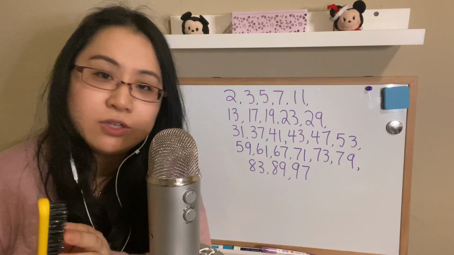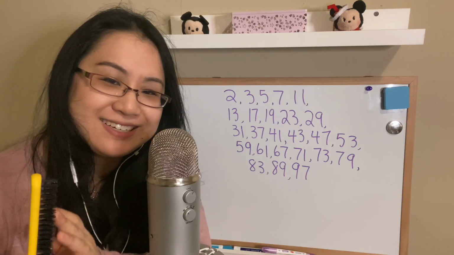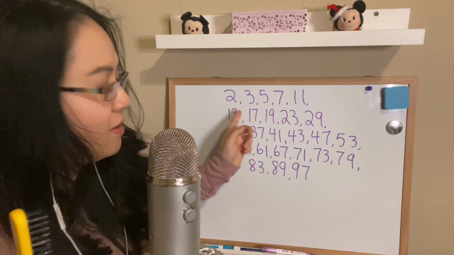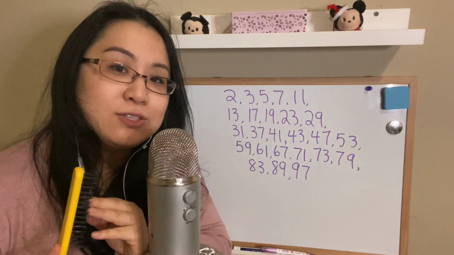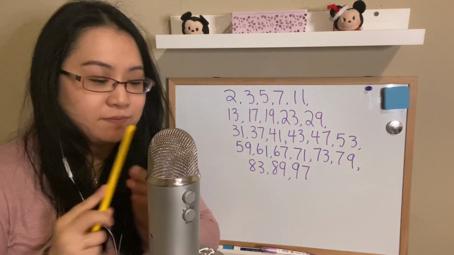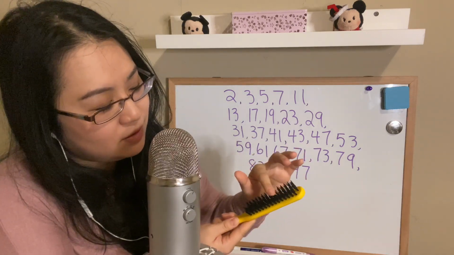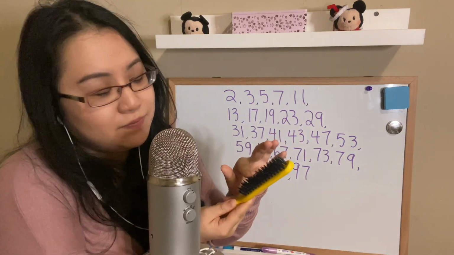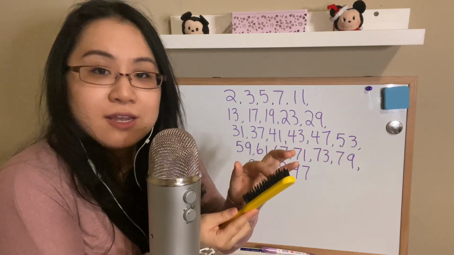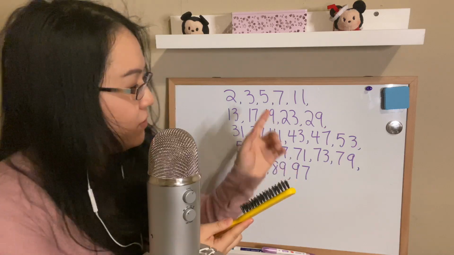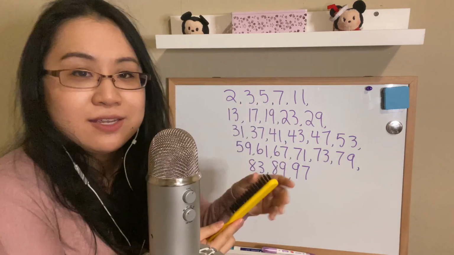So 2 squared times 3. 13 is prime. 14 is 2 times 7. 15 is 3 times 5. Nice. 3 times 5, and 3 and 5 are prime.